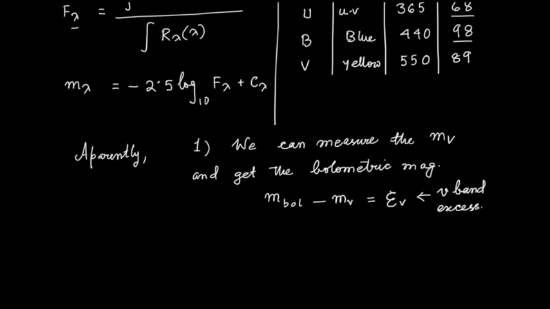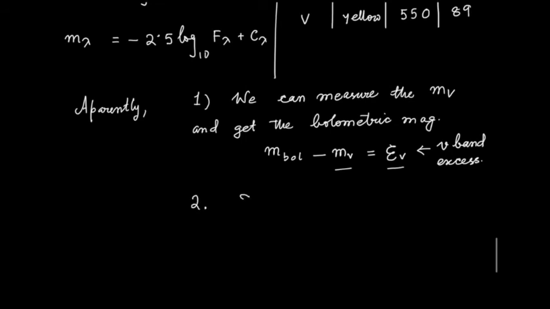Alright, so what I do is I measure MV, I add epsilon V to it, I get the bolometric flux, and once I know the bolometric flux and I know the distance to the star, remember that I measured the distance to one of the stars in the cluster, I can figure out the luminosity of that star.